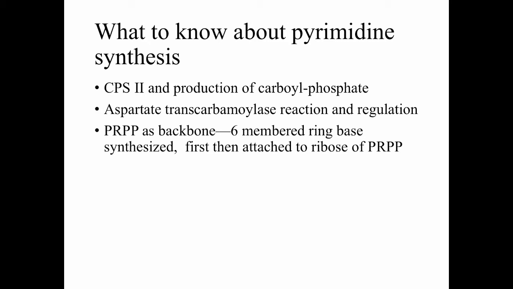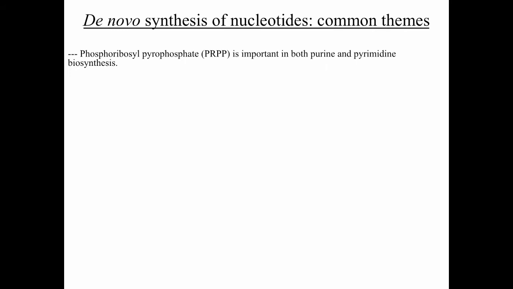So you have a 6-membered ring that's synthesized first, and then you attach it to the ribose of PRPP. And that's about all I really need you to know. So I'm sorry that you don't get to learn all the reactions, but you certainly can on your own if you want to. So here are some common themes.